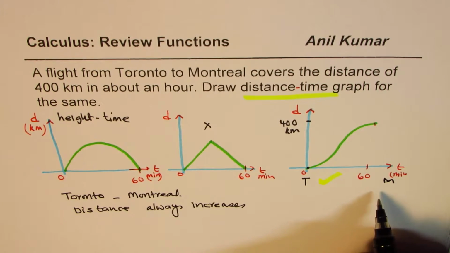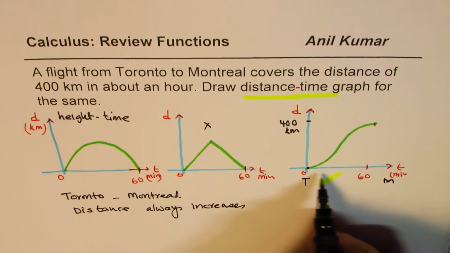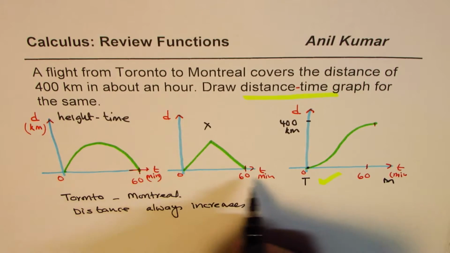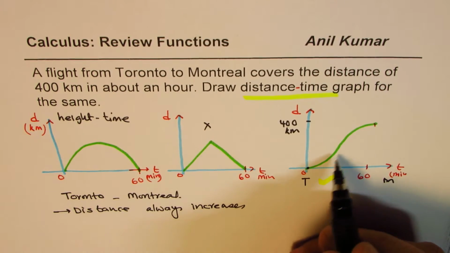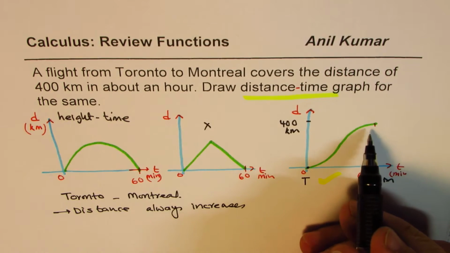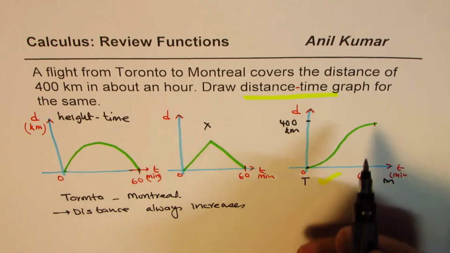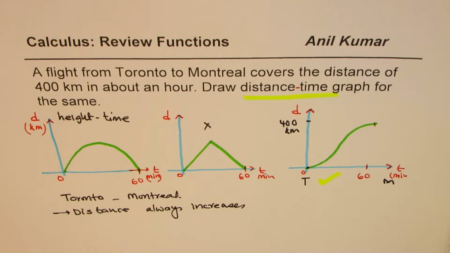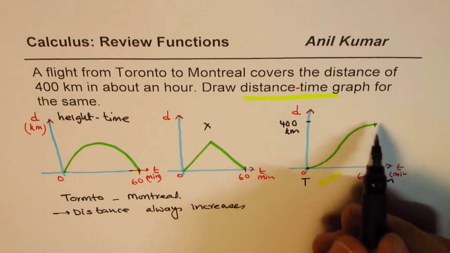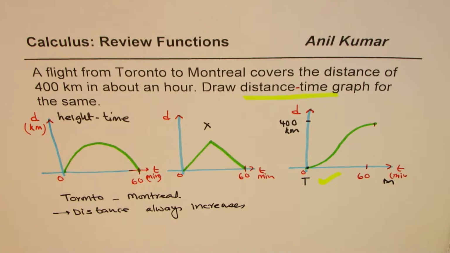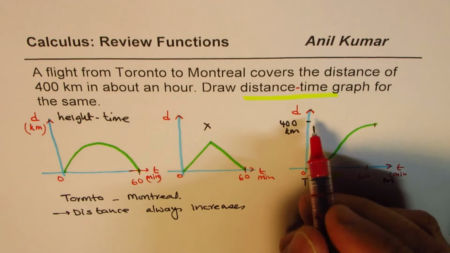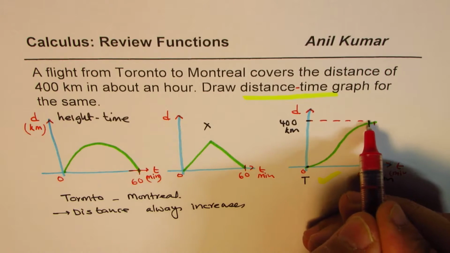So the distance is increasing. That is good. Time taken is shown as 60 minutes, which was in all the cases. Not a great deal. Now, how does this shape help you to identify this to be the correct one? Well, at the time the flight reaches Montreal, it has already covered 400 kilometers, right? So that is what's shown here.